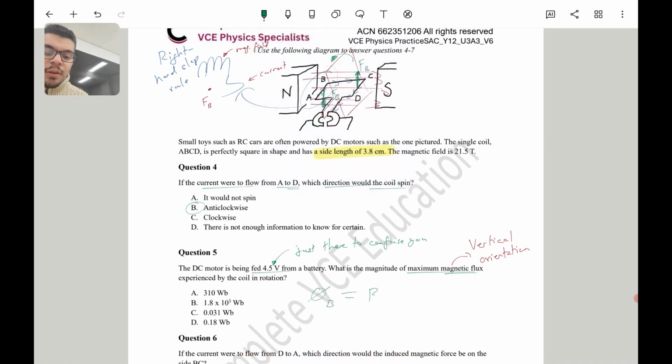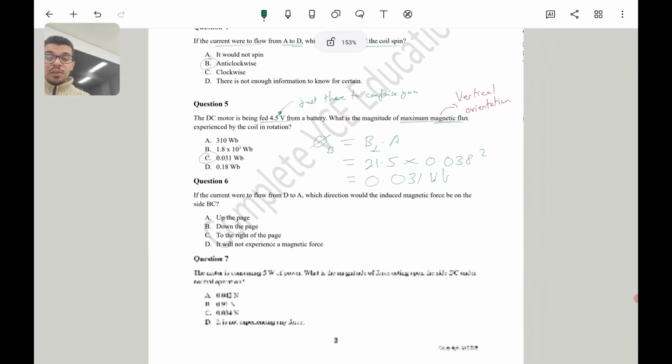So magnetic flux is going to be B times A, and that's going to be equal to 21.5 times 0.038 squared. And we can do this with the calculator, and that should give us 0.031 Webers.